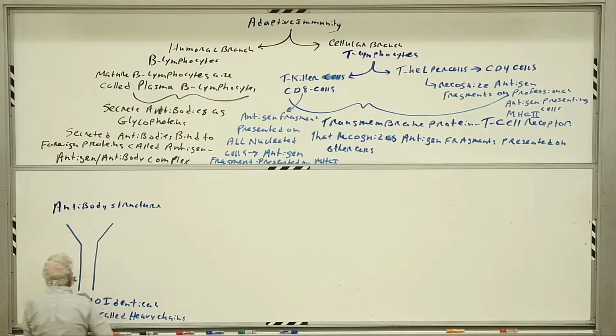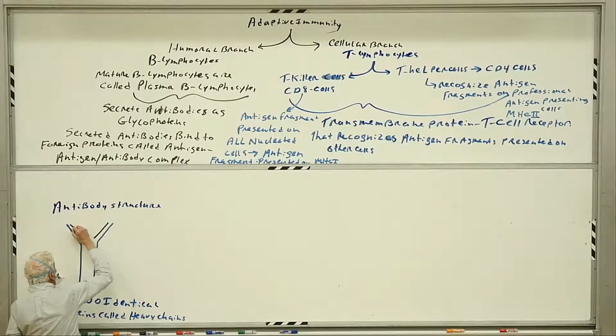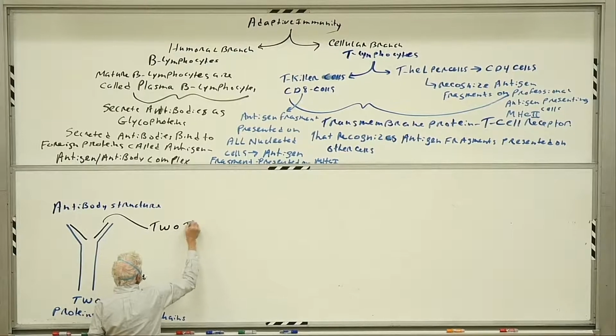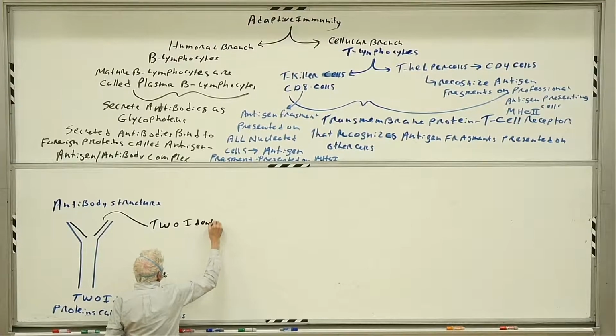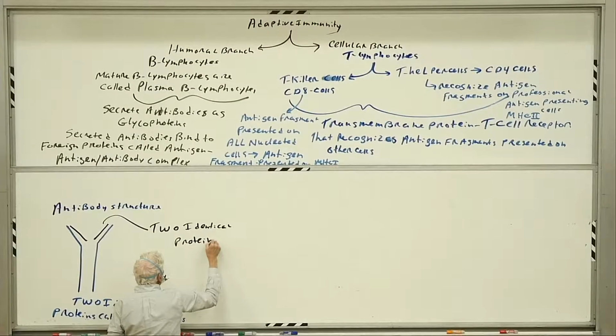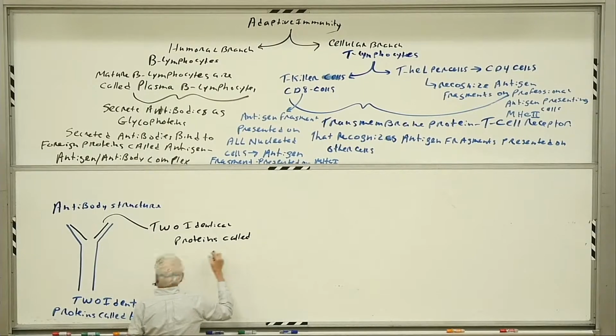And then out here, on the short arm of the Y, there are two other identical proteins called light chains.